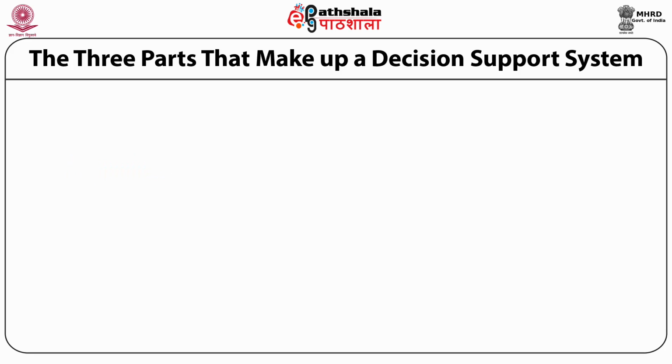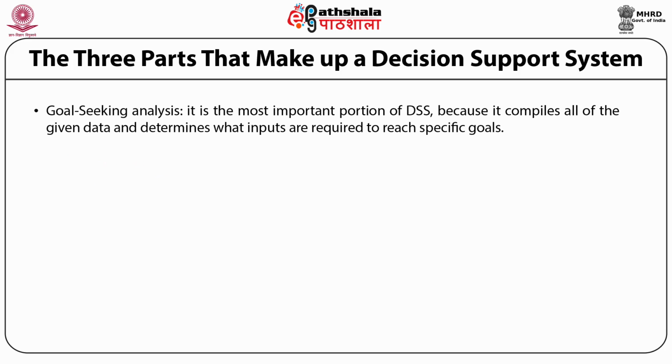The goal-seeking analysis. It is the most important portion of the decision support system because it compiles all of the given data and determines what inputs are required to reach specific goals.